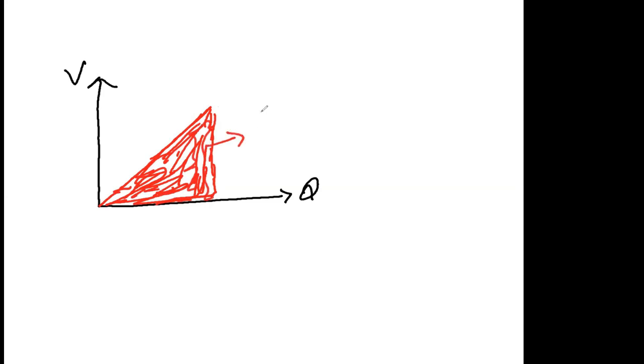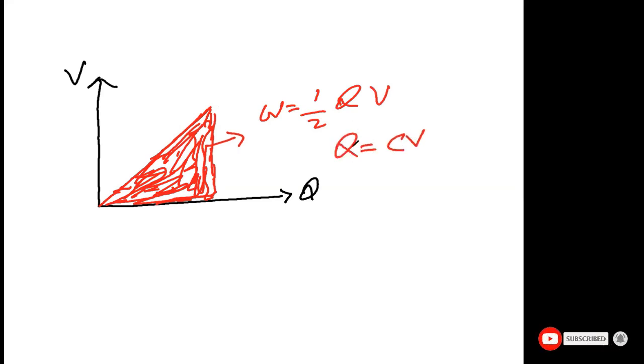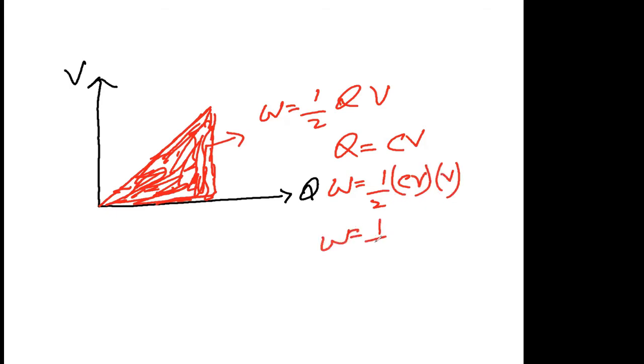This work done will be equal to 1 divided by 2 into Q into V, and we know that Q is equal to CV. So W will be equal to 1 by 2 CV square.